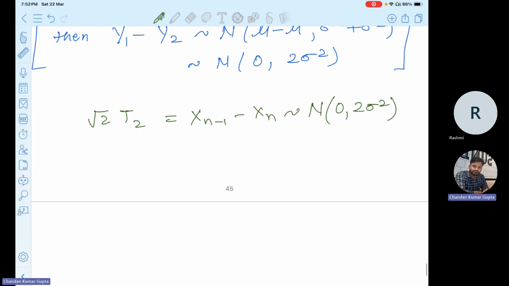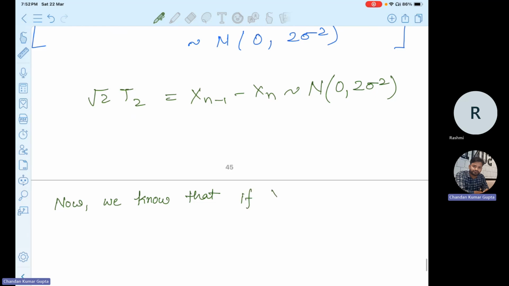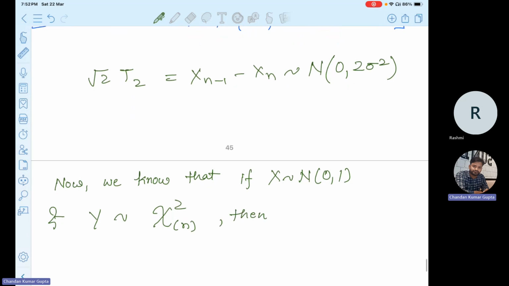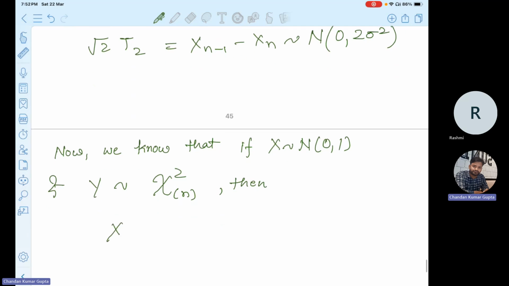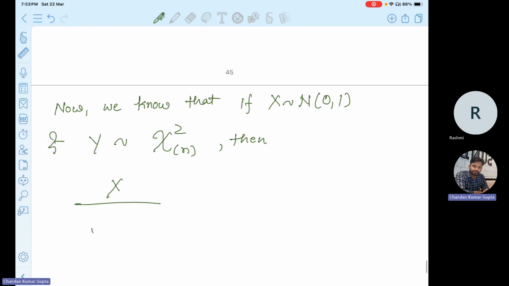One more thing we know: if x follows the normal distribution with mean 0 and variance 1, and y follows the chi-square distribution with degrees of freedom n, then x divided by the square root of y divided by n follows the t distribution with n degrees of freedom, as we discussed in the remarks section in the above slides.